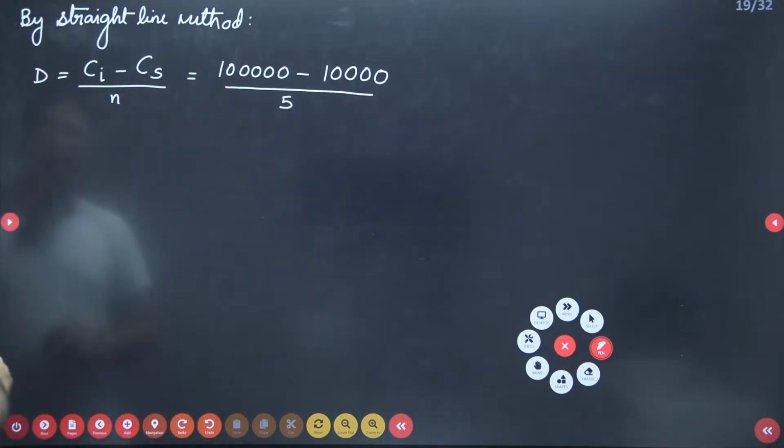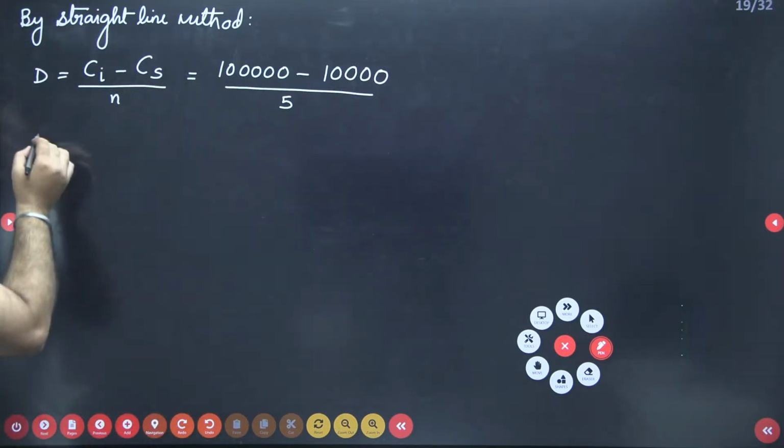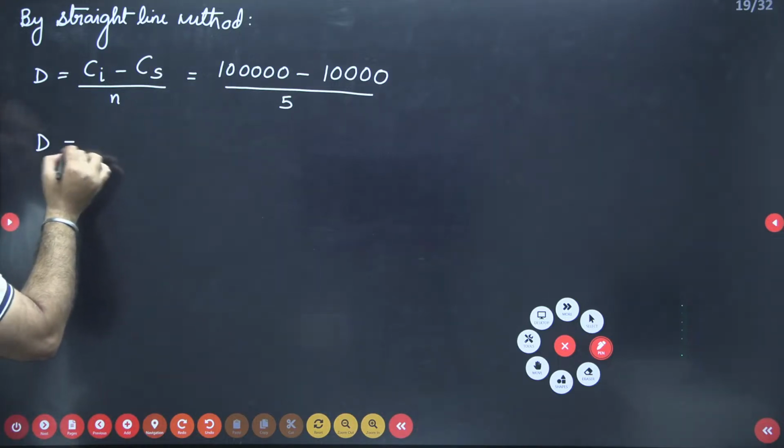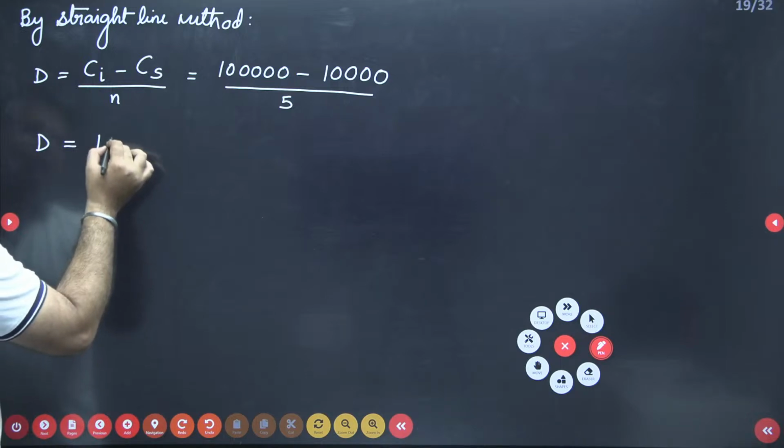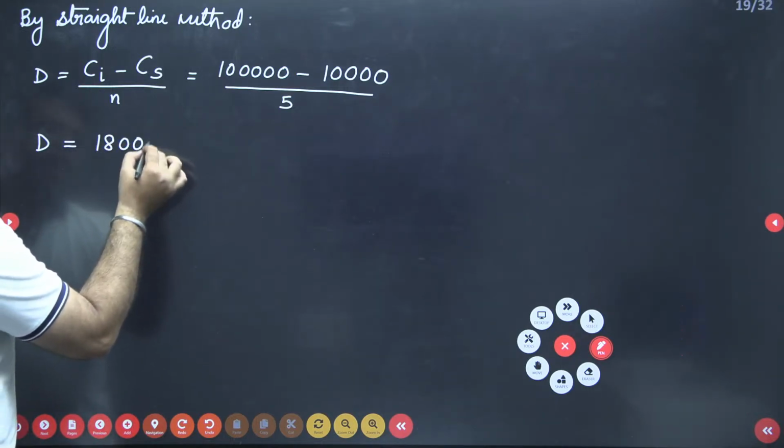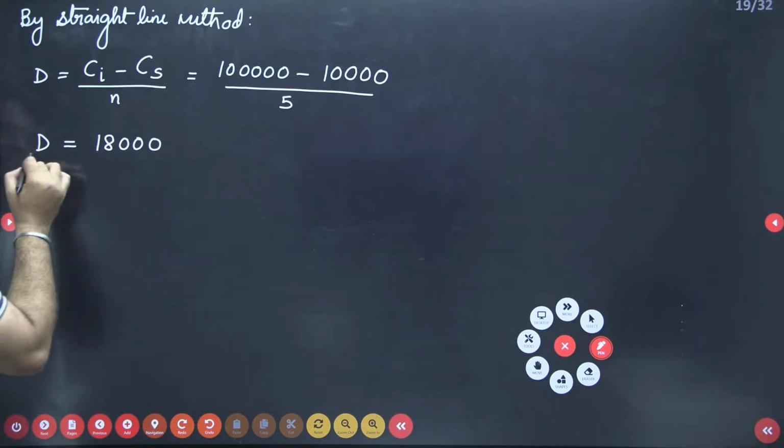Okay. So this will be 90,000 by 5, and 90,000 by 5 will be 18,000. So this is your depreciation by the straight line method.